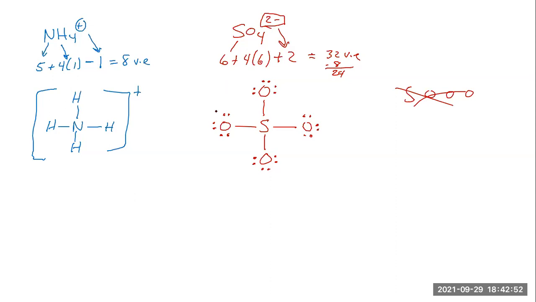I have now placed all 32 electrons, each of the oxygens 2, 4, 6, 8, the sulfur in the middle 2, 4, 6, 8. Everybody is technically good and meets the octet rule. And this would be your proper structure here.